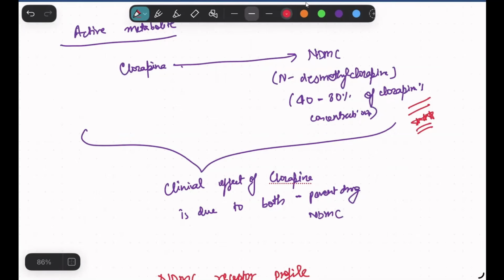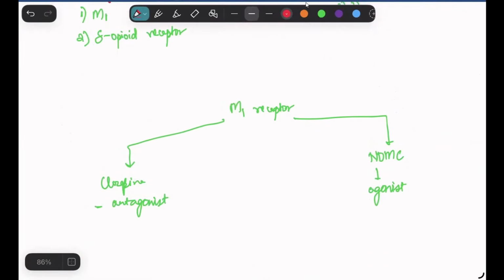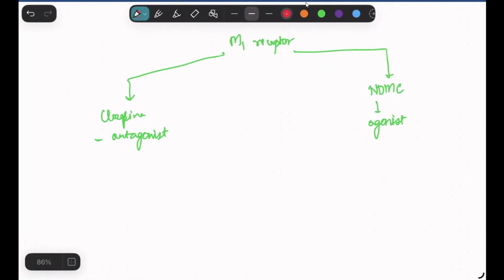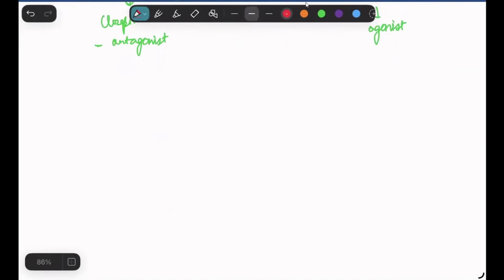Since so much of the concentration is NDMC, it is very clear that the action of NDMC will be predominant as compared to clozapine at the M1 receptor. So what will be the predominant action at the M1 receptor? The agonist action. And because of that agonist action, it improves the cognitive profile. Okay, clear?